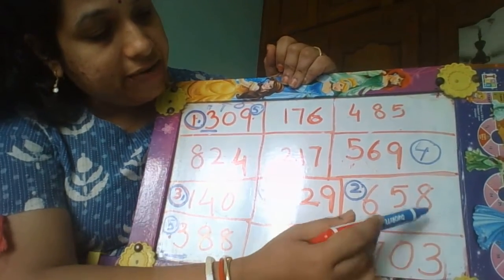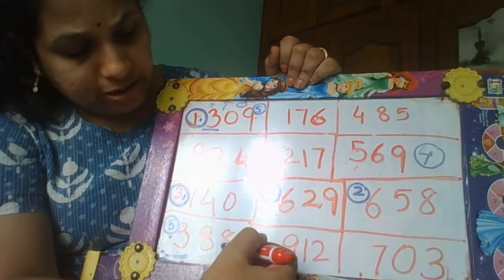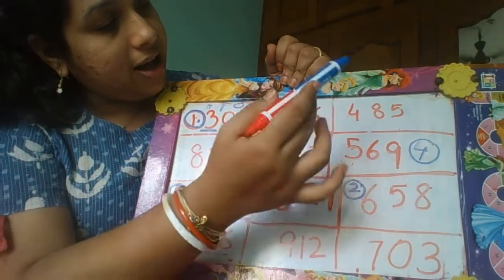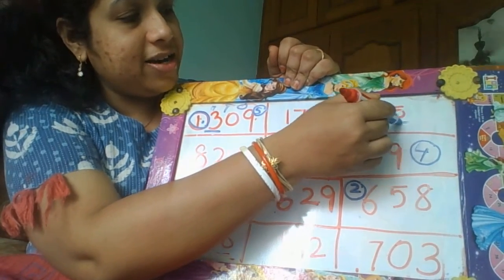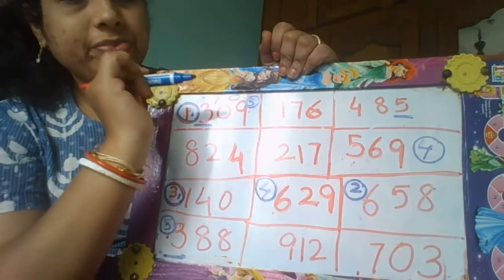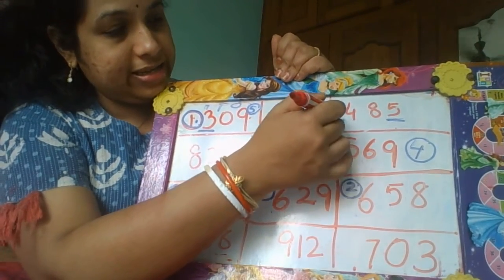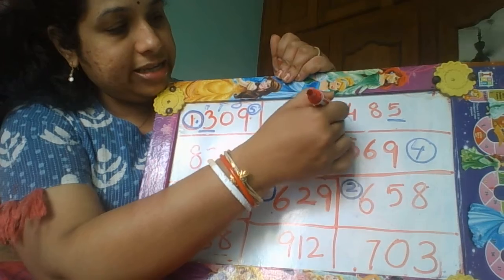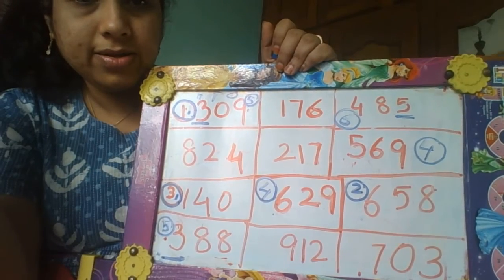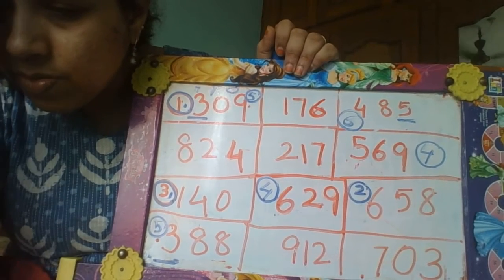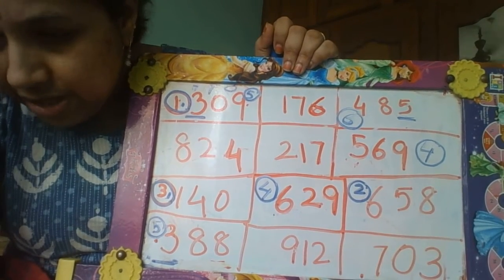Ones place 3, ones place 8, ones place 2, ones place 9, ones place 8, ones place 0, 4, 7, 6, here 9. It is here, 5 in the ones place. This is number 6. Okay, the sixth one is finished.